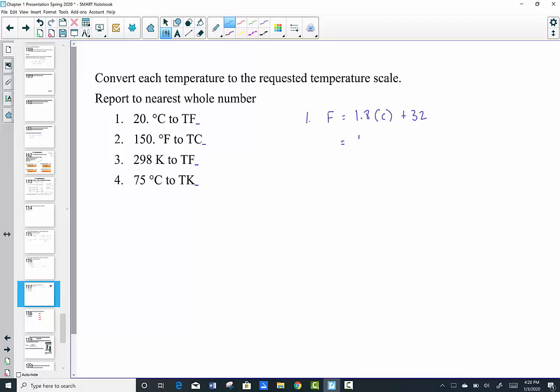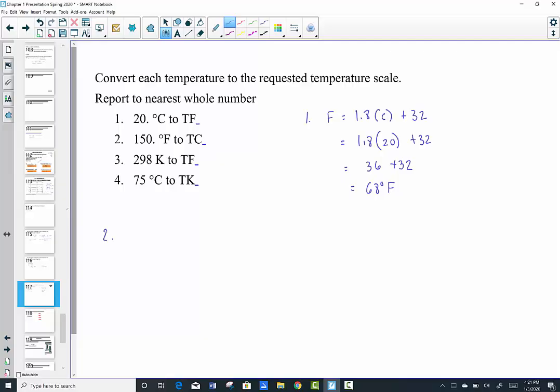That means 1.8 times 20 degrees, adding 32. 1.8 times 20 is 36. Add 32 and we come up with 68 degrees Fahrenheit. Is that your match?